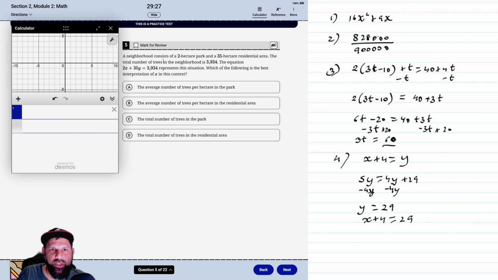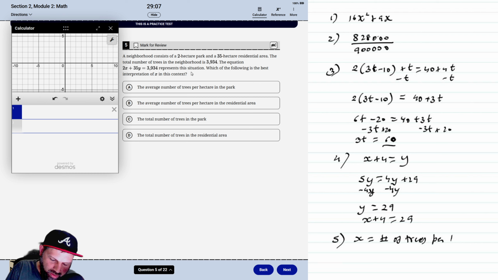Okay, because you have hectare times number of trees per hectare, and when you do that equation, you get just number of trees total.